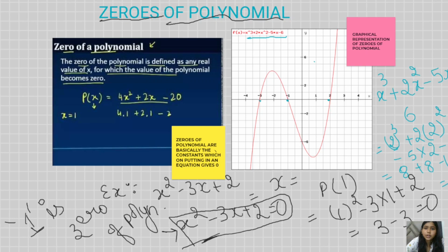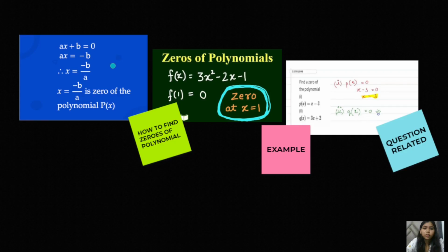Let's now move forward with some more definitions of the zero of a polynomial. Let's have a look at this example. If we are taking an equation like ax plus b is equal to 0, then I have already told you that to find the zero of a polynomial, we just put the equation equal to 0 and then find the particular value of x. Whatever the value of x is, that will be the corresponding zero of the polynomial for that particular equation. So our equation is ax plus b is equal to 0.